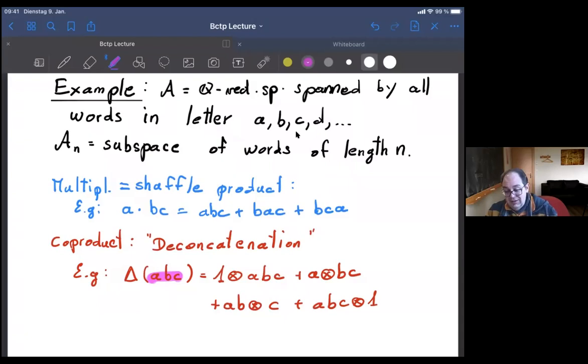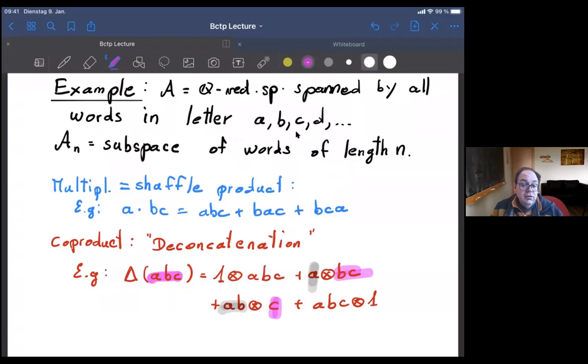It's sometimes called deconcatenation. For example, how can I split the deck ABC into two decks? Either I take A and the second deck is BC, or I take AB in one deck and the second deck is just a card C.